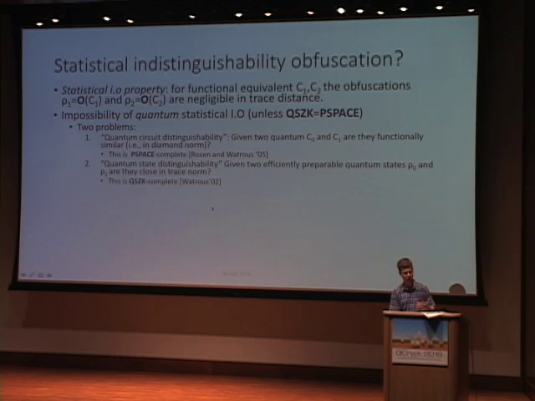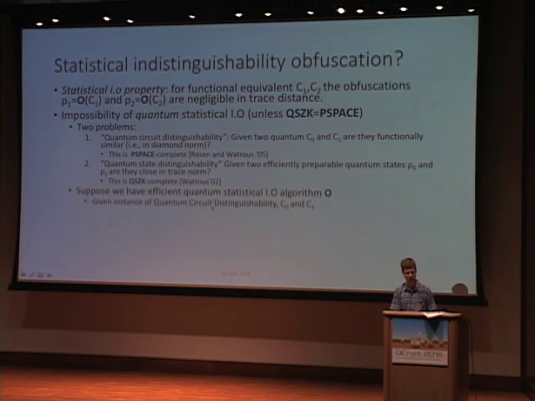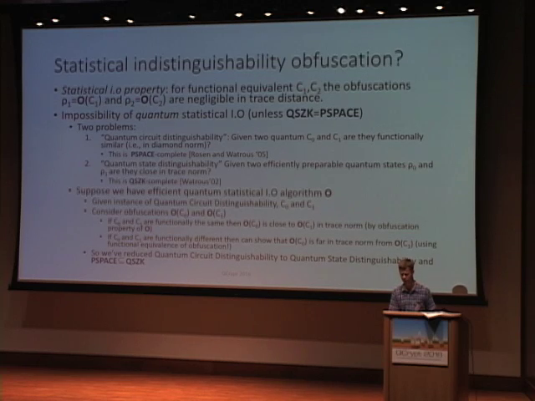This is QSZK-complete. But if we had a quantum statistical indistinguishability obfuscator, these two tasks would in some sense become one. We show that you can use this obfuscator to solve the first problem, quantum circuit distinguishability, with a box that solves the second problem. And that's what gets this complexity result.